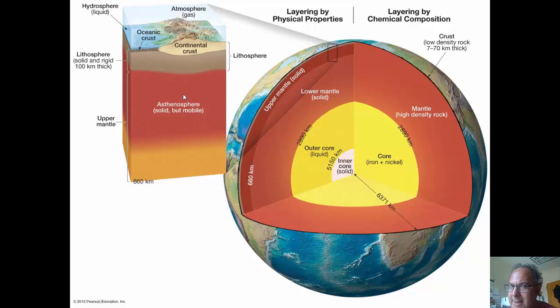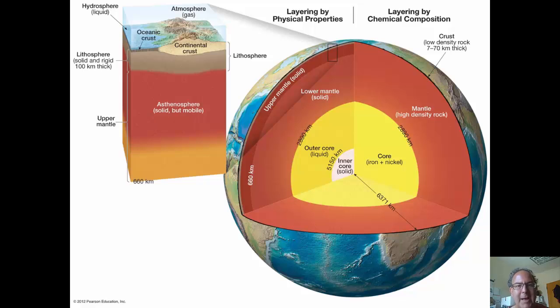But it doesn't include the uppermost mantle. Uppermost mantle, along with crust, is part of the lithosphere. But a big part of the rest of the upper mantle is taken up by the asthenosphere. Warm plastic, flowing at rates of 5 to 10 centimeters per year.